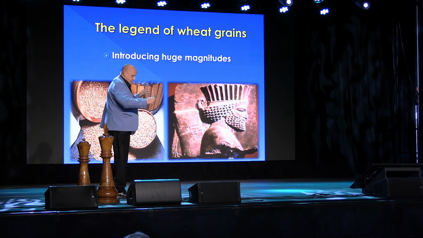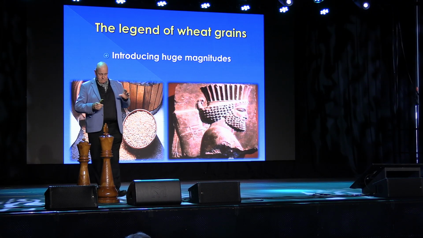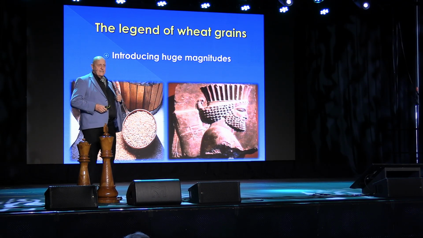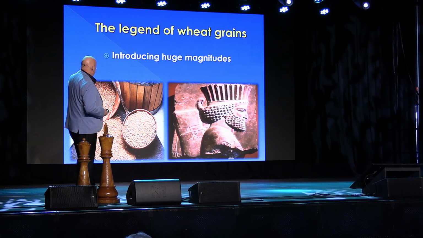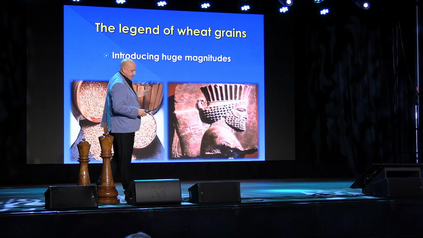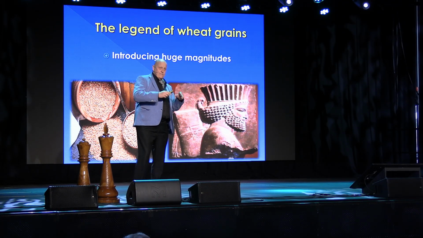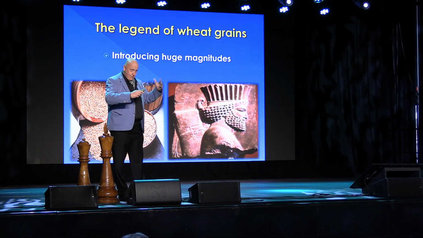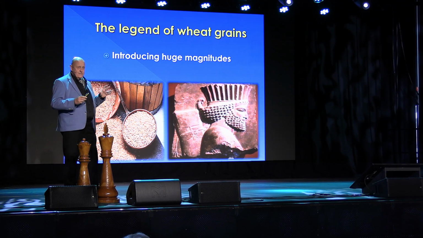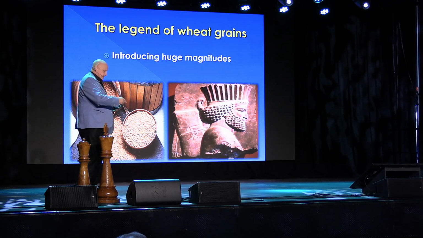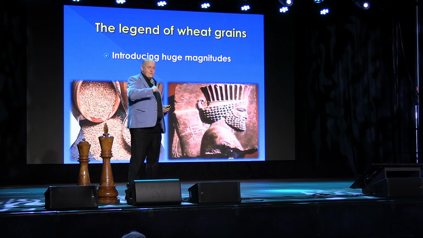So, in order to create a nice atmosphere in the classroom, I will start explaining the legend of wheat grains. As I don't have time to explain the whole legend now, let me tell you just the very basic things. The chessboard has 64 squares.